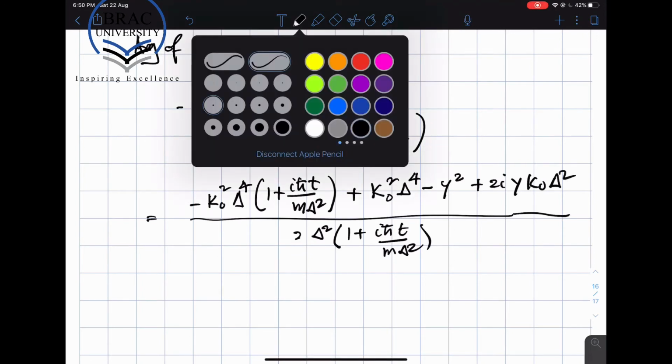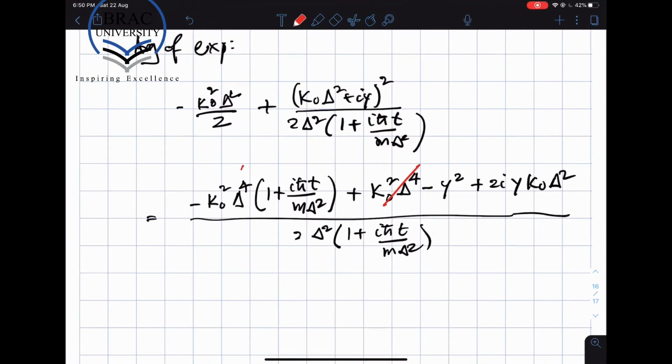Now we see that this thing and the first term here cancel out.